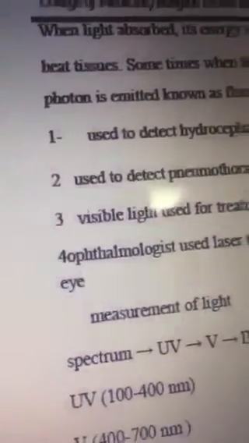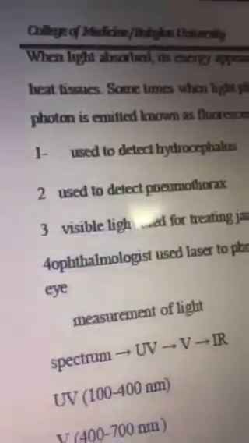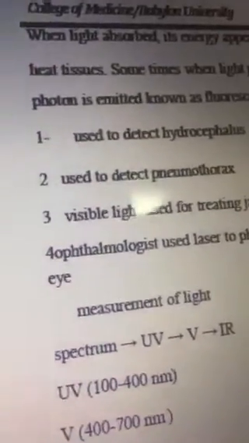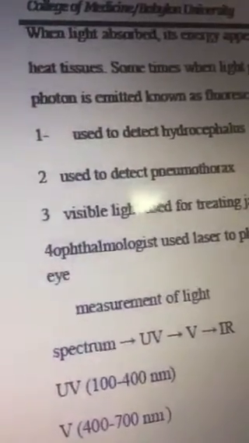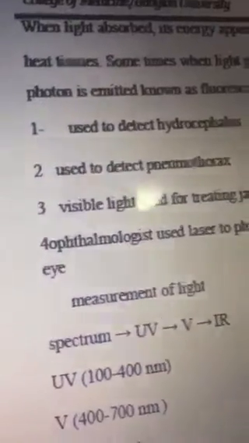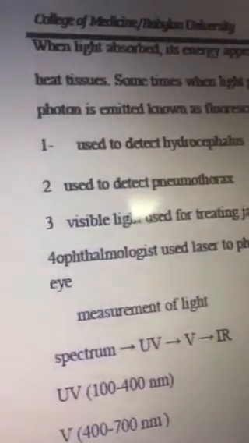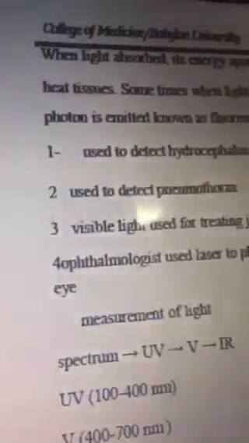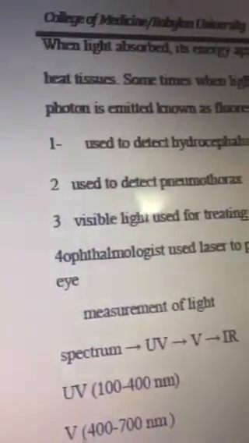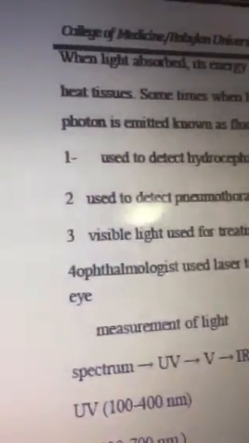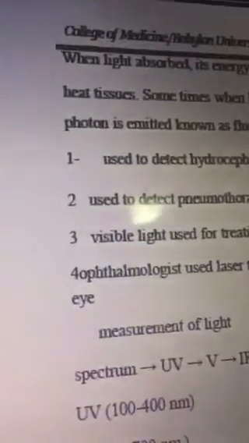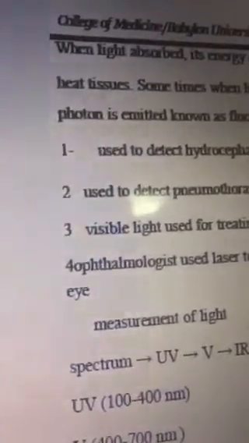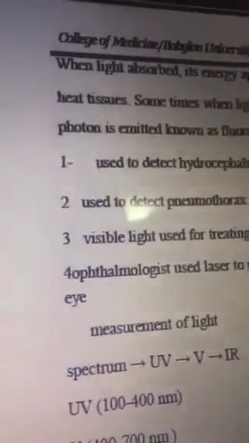We already know in the measurement of light, the spectrum goes from UV to visible to IR, where UV is between 100 to 400 nanometers, visible is between 400 to 700 nanometers, and IR is between 700 to 10^4.